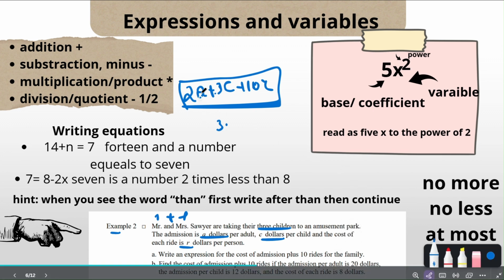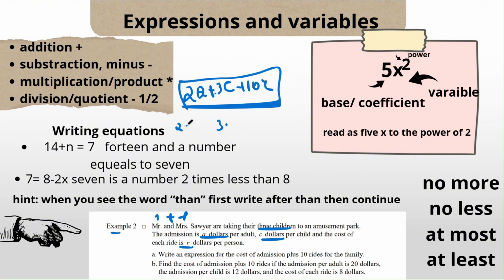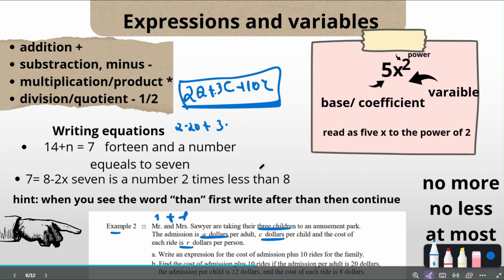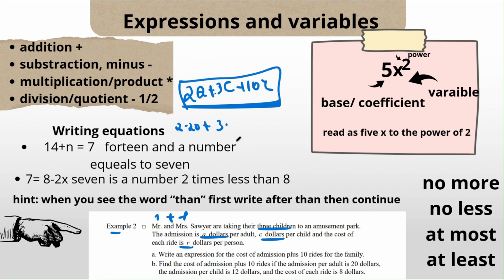Per adult is 20, that means if there were two adults, we multiply by 20, then add to the cost of children. The admission per child is $12, which means we have to multiply it by 12. And the cost of each ride is $8. Since we know that there are 10 rides in total, and each of them costs $8, we just multiply. This is how we set up an equation for the second one. That's about it.